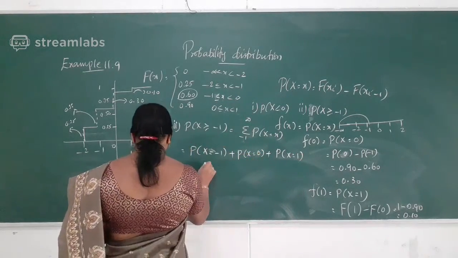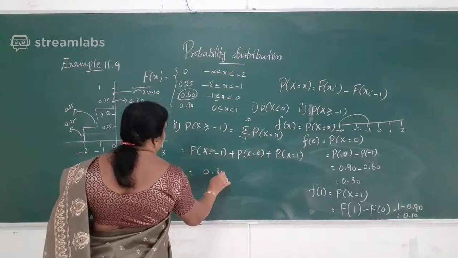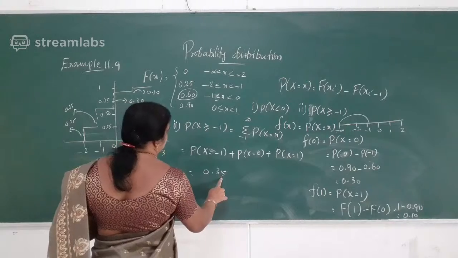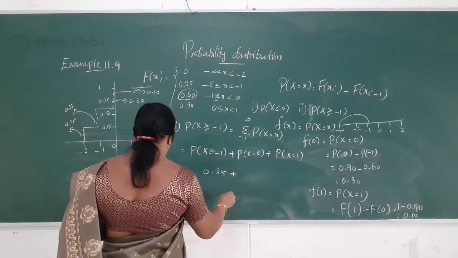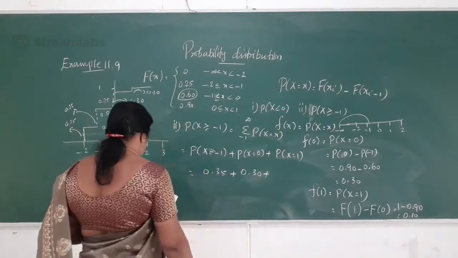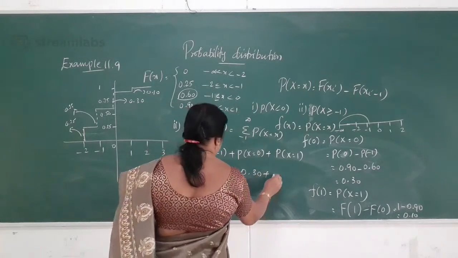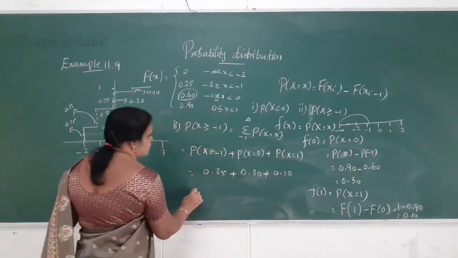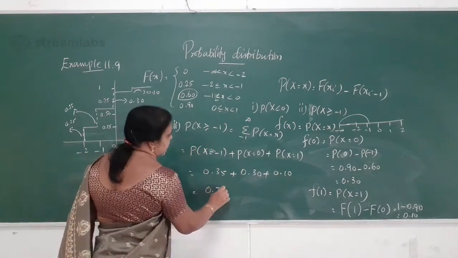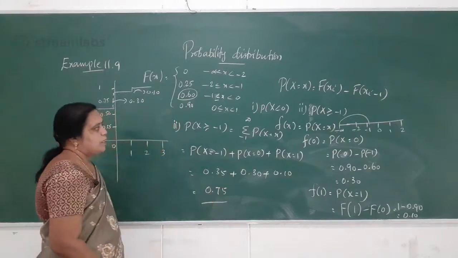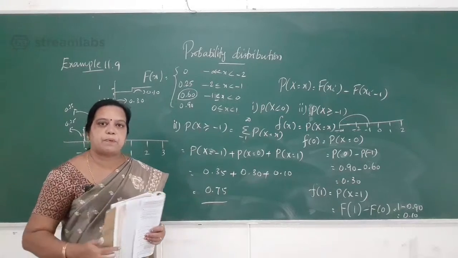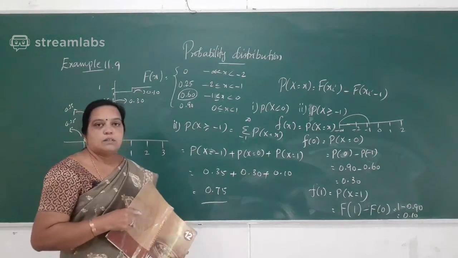What are their values? Minus 1 is jumping, so 0.35, plus here 0.30, plus the jump value here. So in total 0.75. This is the answer. Here they are asking greater than or equal to 1, so we have to find the jumps. Okay. Thank you.